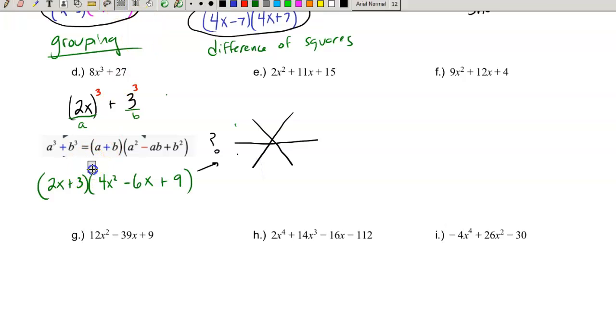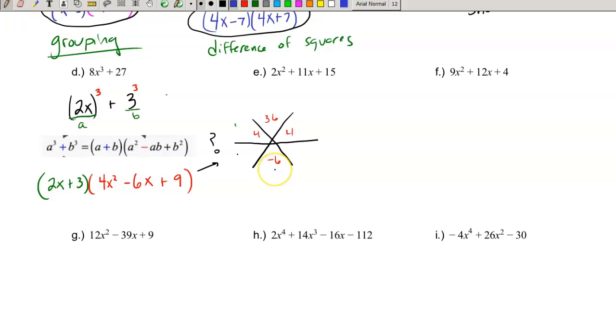So now I look at this part right here, and I realize, all right, I'm going to use Snowflake for this. So my a term is 4, so I'll go 4 and 4. 4 times c, 9, is 36, and then negative 6 goes below. So we're thinking about what multiplies up to 36 and adds up to negative 6.